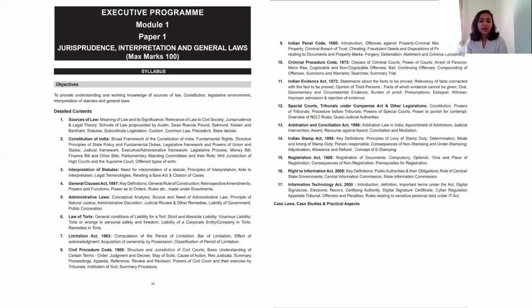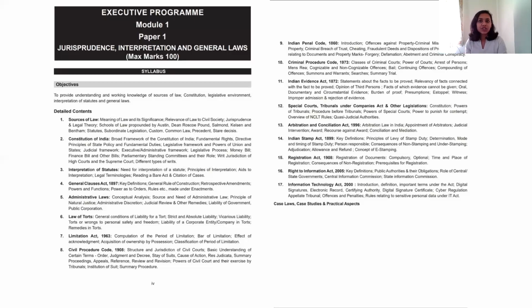This chapter, the Indian Stamp Act of 1899, governs all the rules, definitions, processes, etc. regarding stamp duty, and when it is applicable, when it is not applicable, how much stamp duty is applicable. We will go into specific detail.